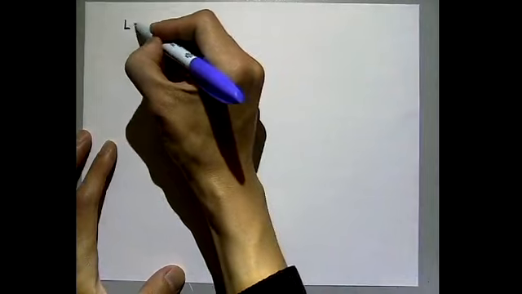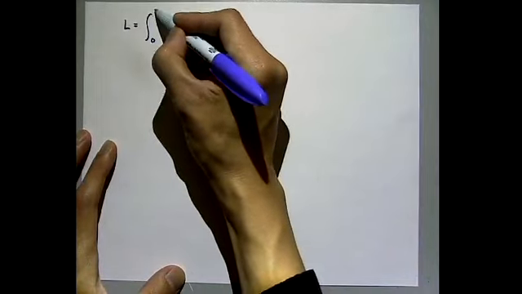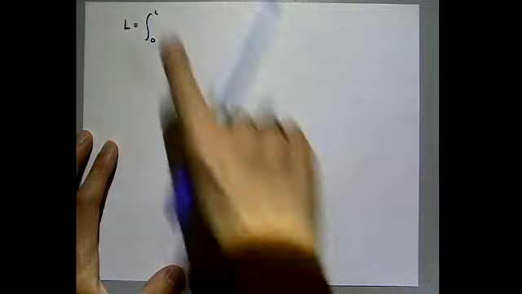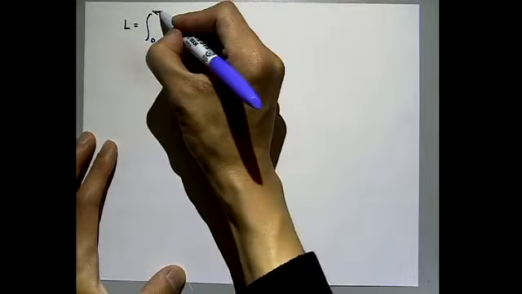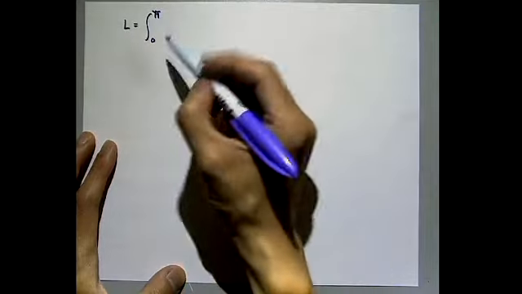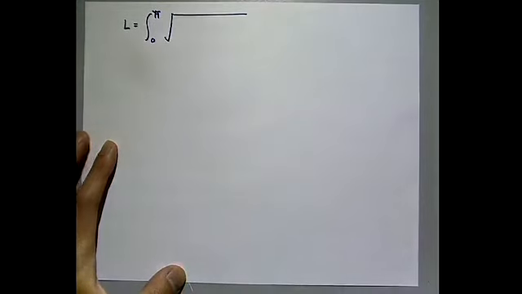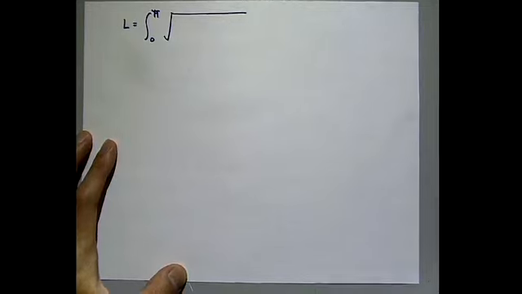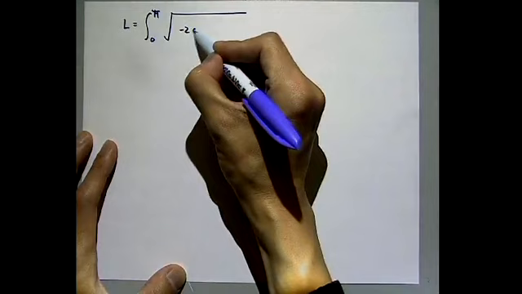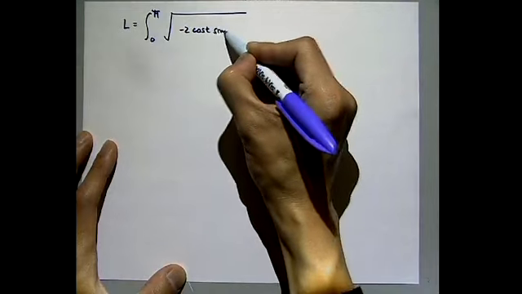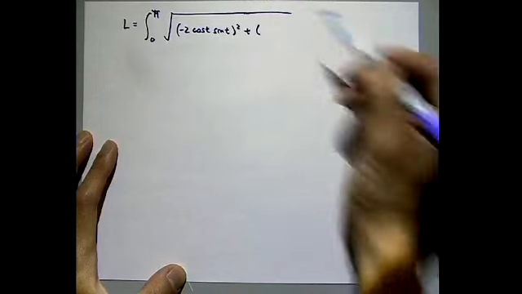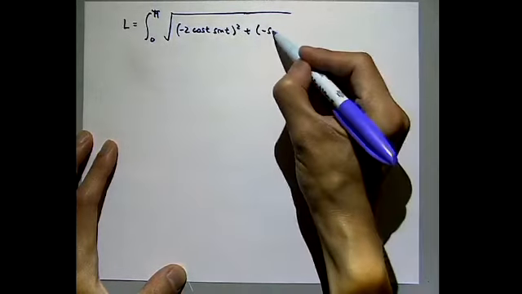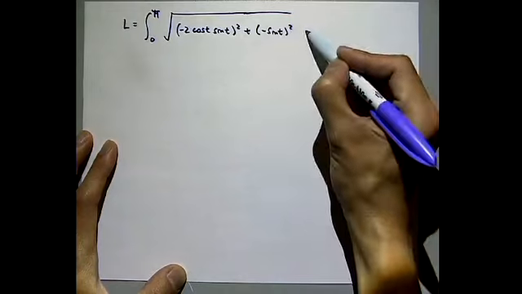If I want just the length, where do I stop? Pi, right. And now the derivative of x is negative 2 cosine t sine t, squared, and then the derivative of y is minus sine t, squared, dt.